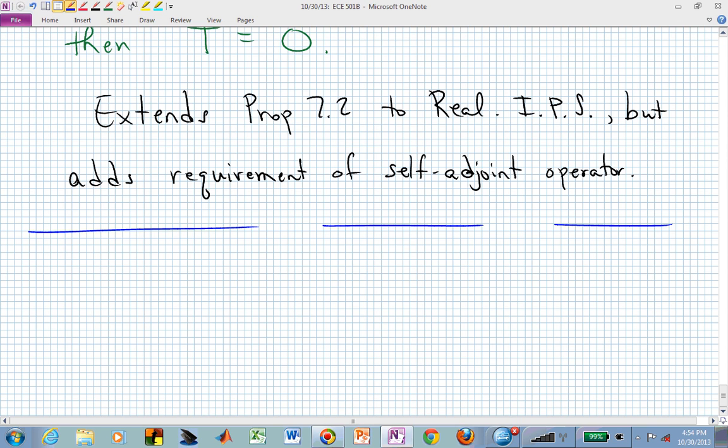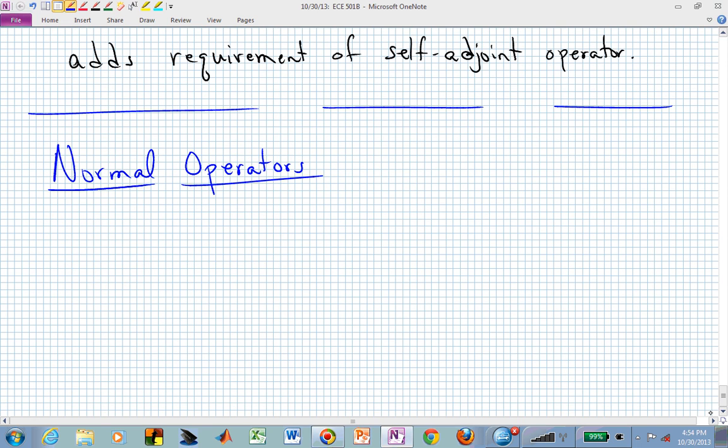So now we have some things to play with relative to these self-adjoint operators that was sort of the first definition in Chapter 7. Now let's define a new operator, which we're going to call a normal operator. Normal operators.